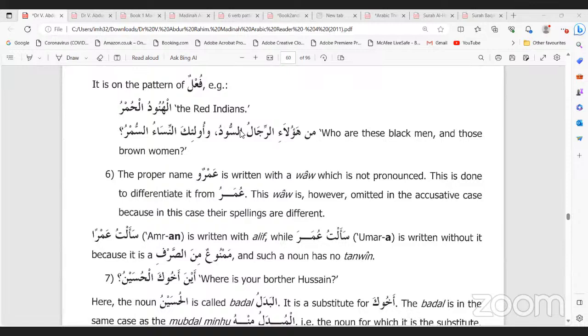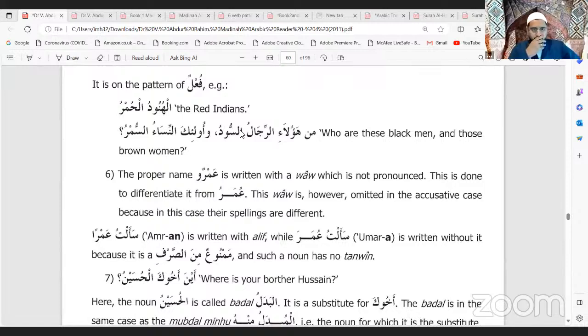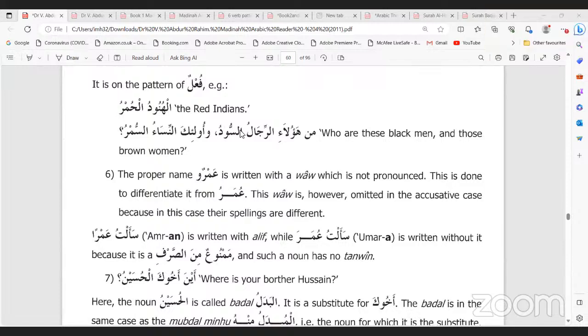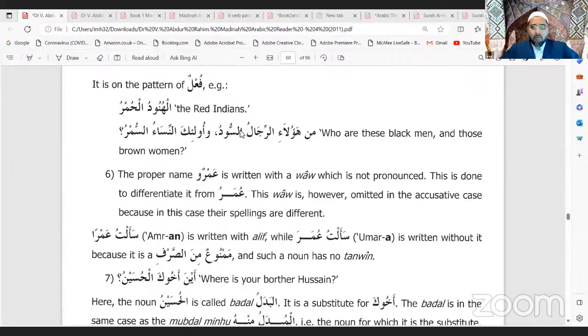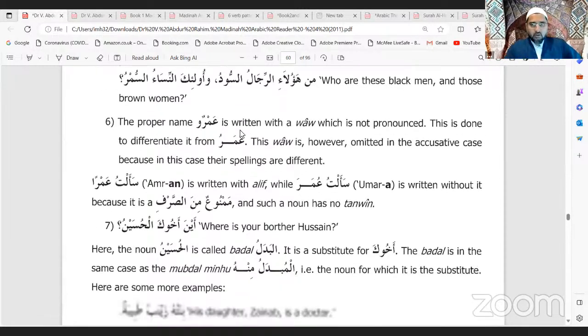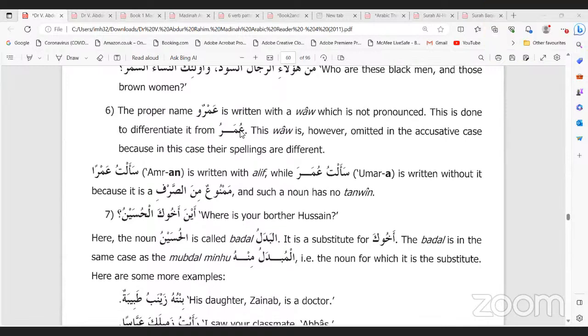The proper name Amrun is written with a waw which is not pronounced. This is done to differentiate it from Umaru. So there are two different names, Amrun and Umar. This waw is omitted in the accusative case because in this case their spellings are different.